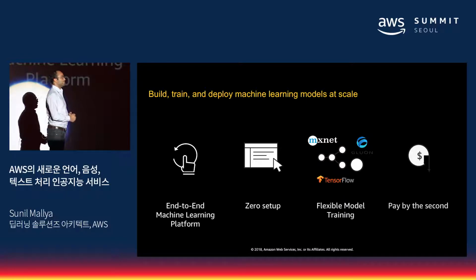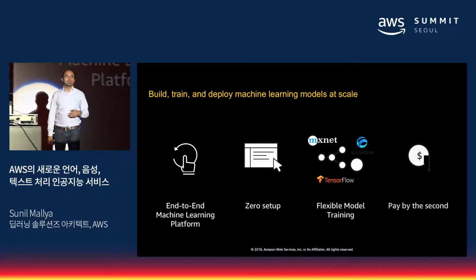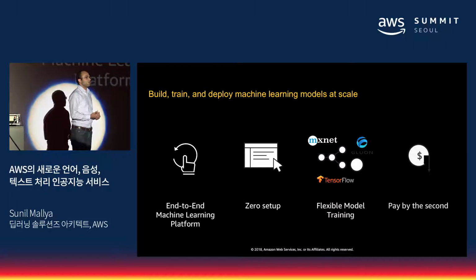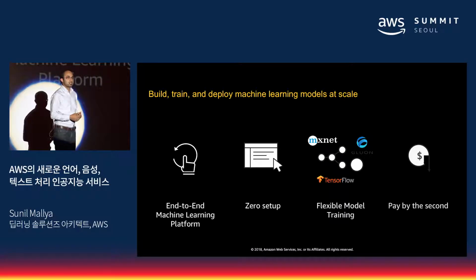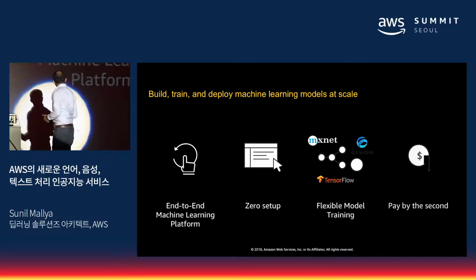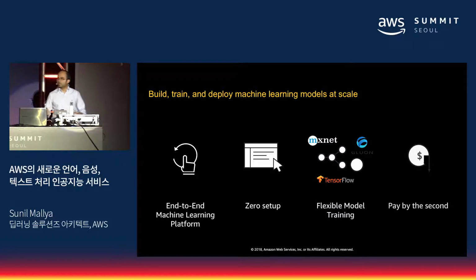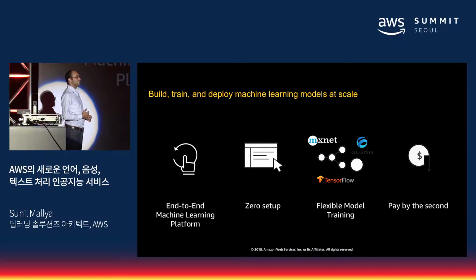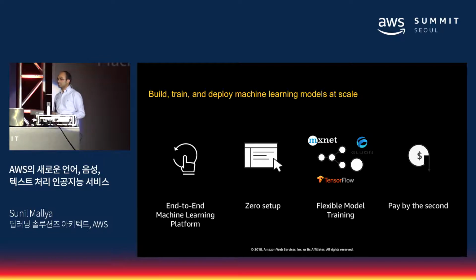Flexible model training. There's native support for Apache MXNet, Gluon, and TensorFlow. And we are bringing more of the other popular deep learning frameworks in, as well as native citizens. But also there are machine learning algorithms, the classical ones like k-means, factorization machines, LDA. All those are available on SageMaker as well.